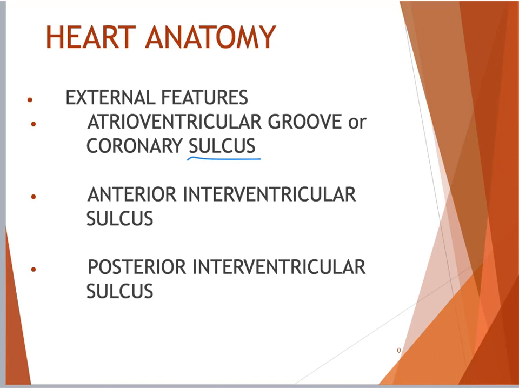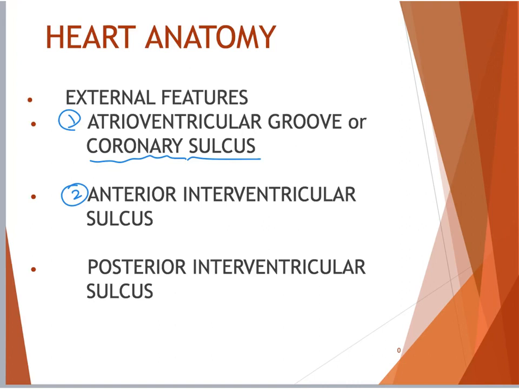The first one that we're going to talk about is called the atrioventricular groove, also called the coronary sulcus, okay? The atrioventricular groove or coronary sulcus is the groove on the heart surface that is found between the atria and ventricles. So it encircles the heart going between those superior atria and the inferior ventricles.